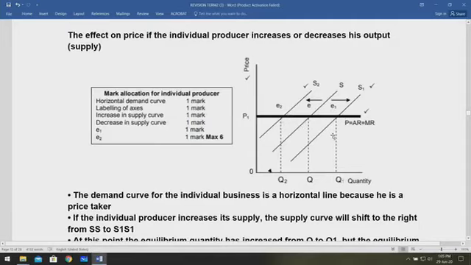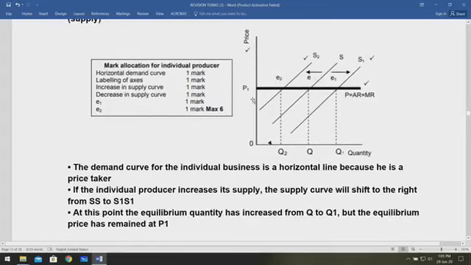So let's see. We start off by explaining why that's a straight line, the demand curve. That P there should have been a D and not a P, please take note of that. The demand curve is a horizontal line because he's a price taker. If the individual producer increases his supply, we will move from S to S1.